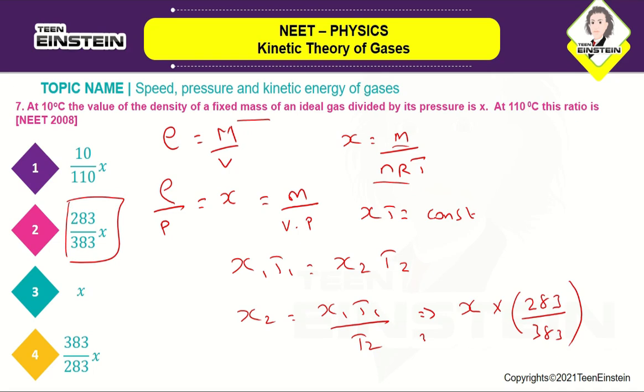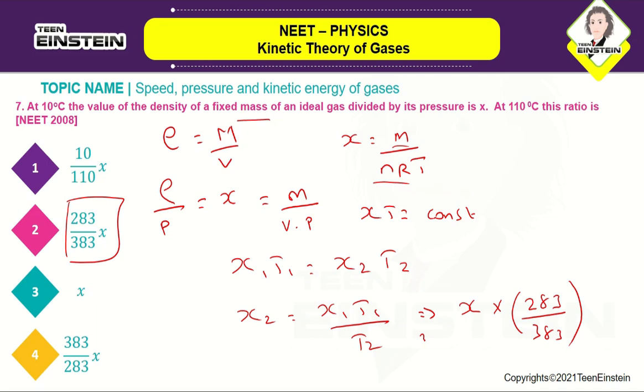Okay, so you're taking the density formula, mass by volume, and here as per the question they have given the density of a fixed mass of an ideal gas divided by its pressure is x. So rho by P is equal to x, which is equal to m by V into P, and x is equal to m, because PV is equal to nRT. So you are substituting here nRT, and except T all the values are constant since the mass is also fixed.